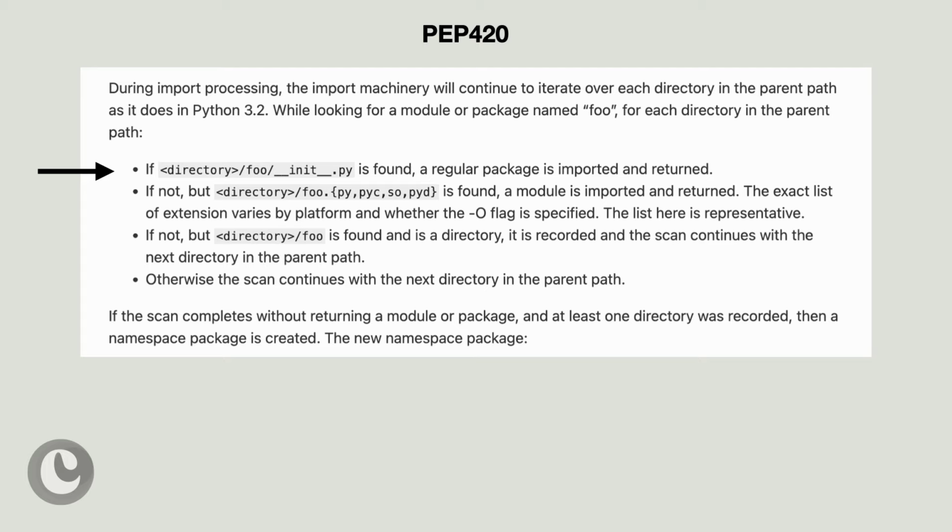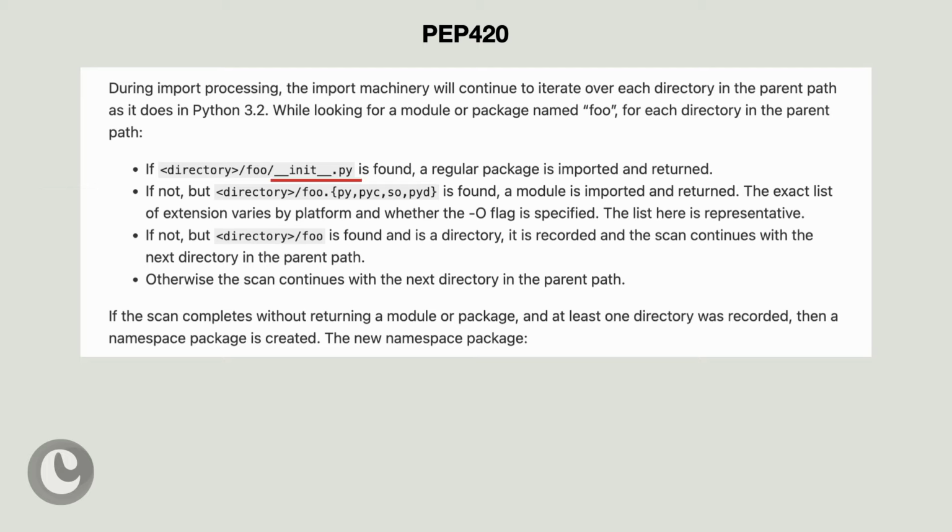The import system searched for folder module1. There is a folder module1, but it does not contain __init__.py. It continues to search for module1.py, which is present. A module object is created from it and returned. We'll look at the rest of the process later.